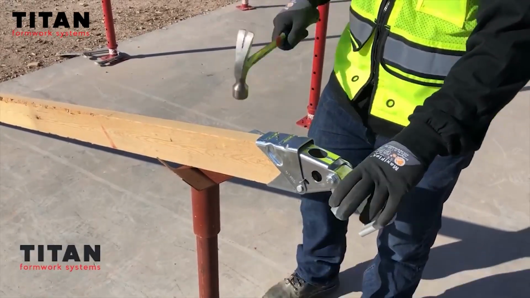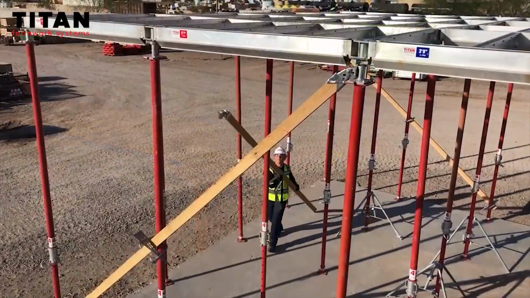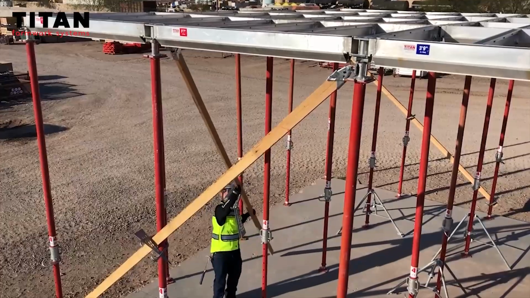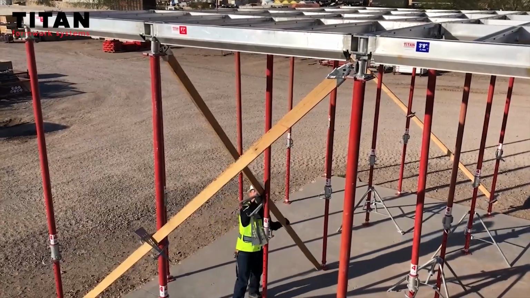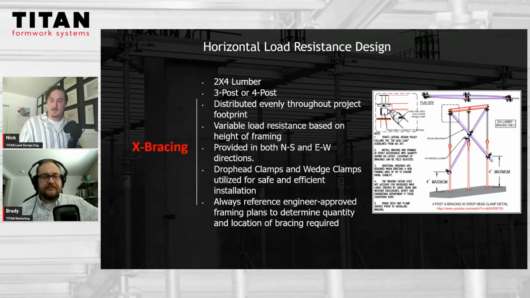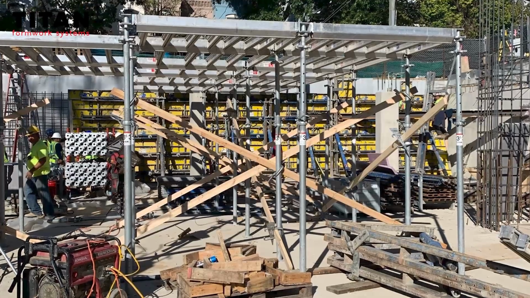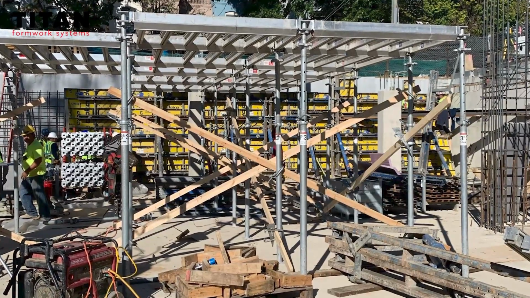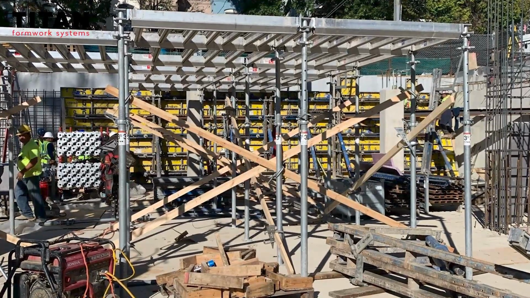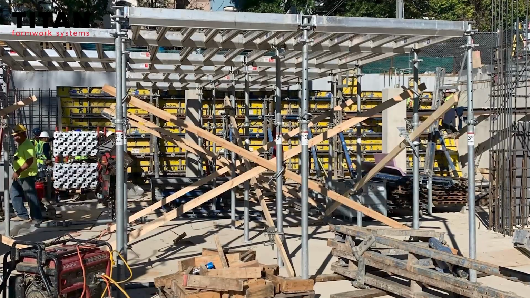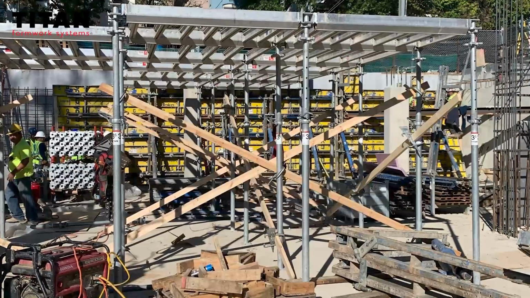And it allows for the braces to attach to the drop heads at taller heights without needing a scissor lift or a ladder or something like that. So our engineered, reviewed, and sealed shop drawings will identify the proper quantity and the ideal locations of those braces on your project. That way we can ensure a safe and efficient bracing design for every unique project.